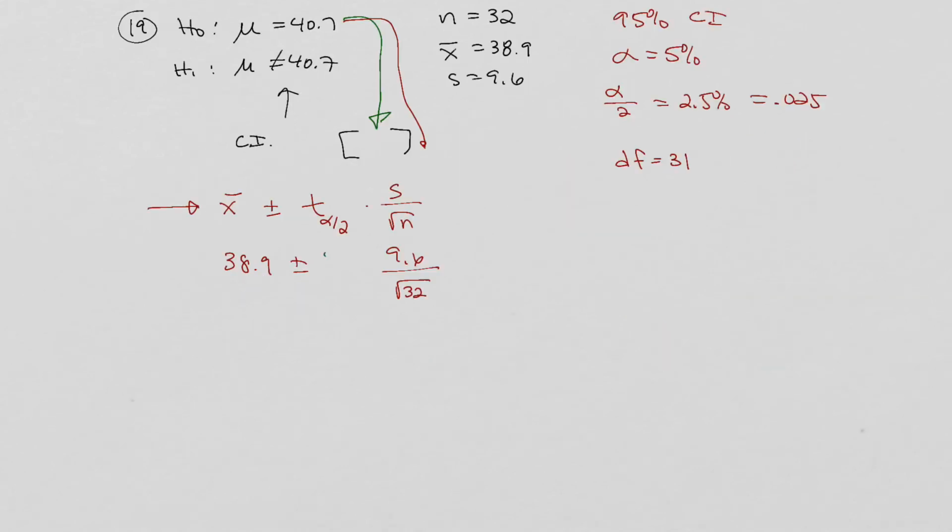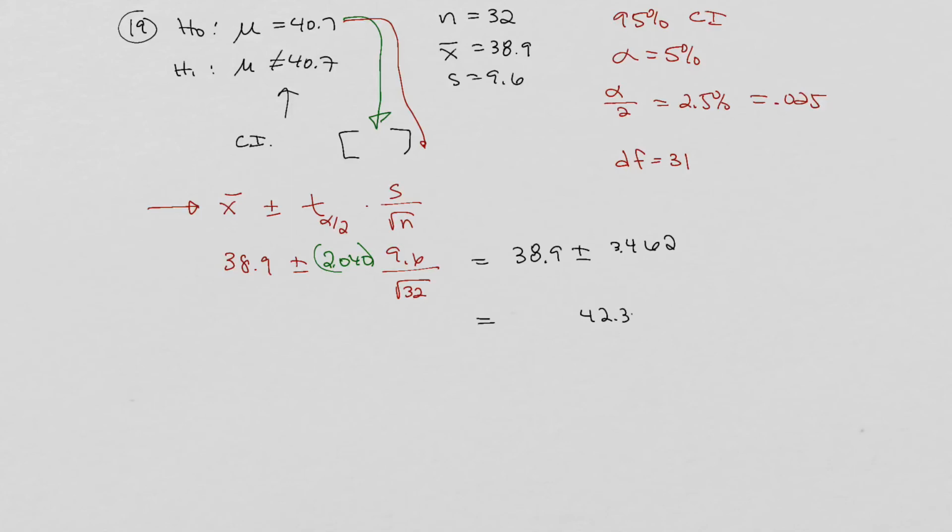So this t-score is 2.040. Okay. So if we multiply all this stuff together, here's what we get. We get 38.9 plus or minus 3.462.